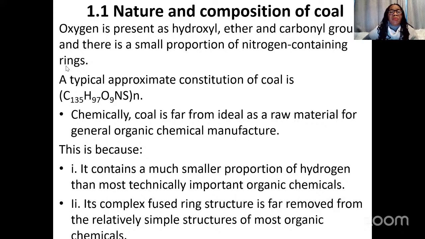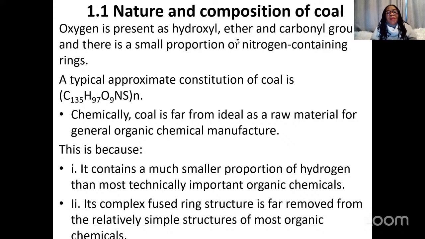So you have the repeating unit of this. Several repeating units of this is what coal is. So that's why it is said that it's really complex and not yet well understood.